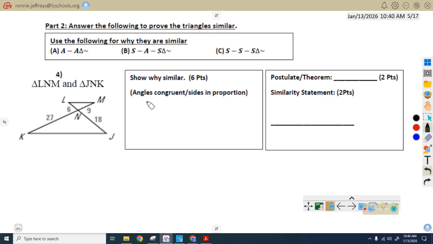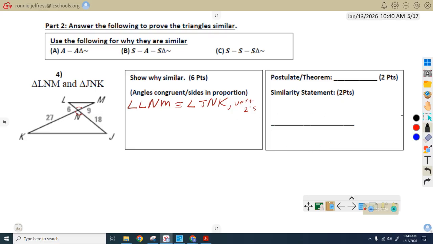So I know that angle LNM is congruent to angle JNK, sorry, because they're vertical angles. Okay, so that's showing that and that.